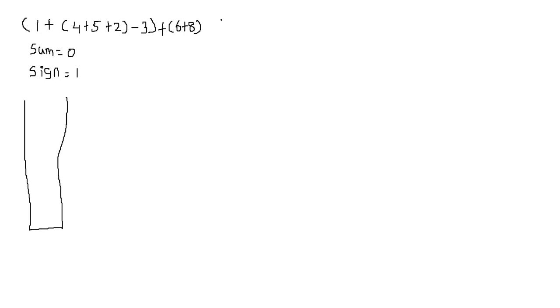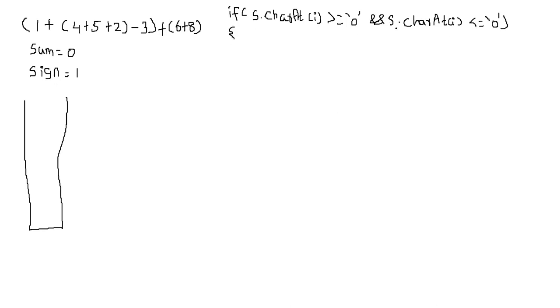For that, whenever you get an integer, the condition is: if s dot charAt of i is greater than or equal to 0 and s dot charAt of i is less than or equal to 9. I have used the syntax of Java here.